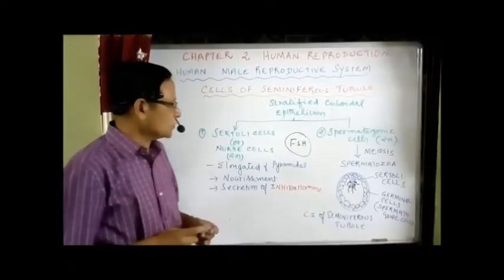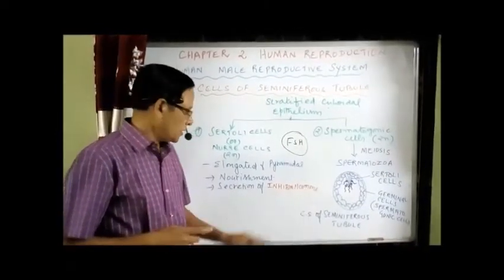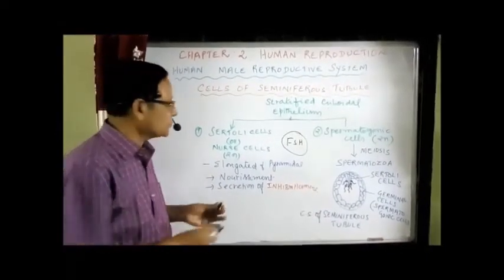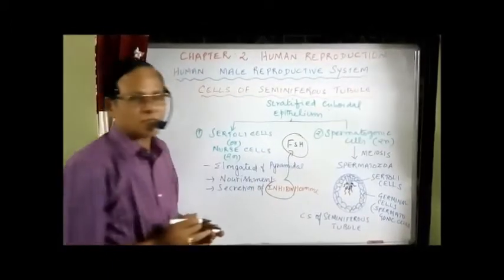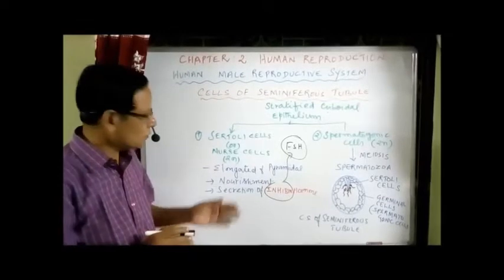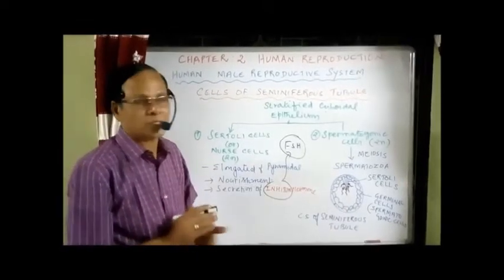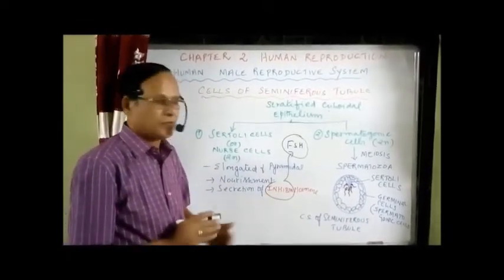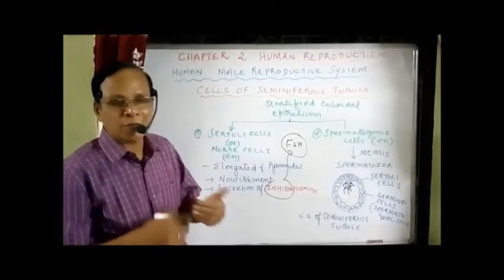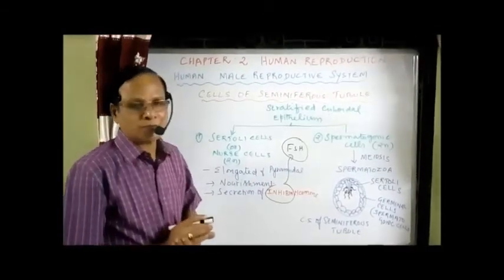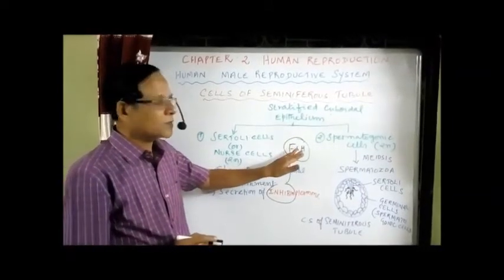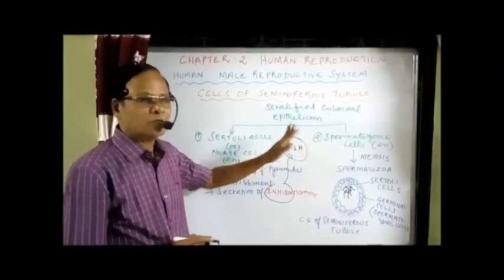Once there is no need to produce a sperm, this inhibin hormone suppresses the secretion of FSH, so the further production of sperm is inhibited, hence the name inhibin. That's why it's called negative feedback control: negative feedback control of sperm production by suppressing the secretion of follicular stimulating hormone of the pituitary gland.